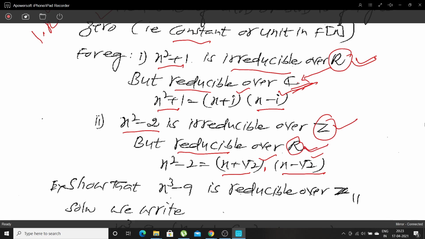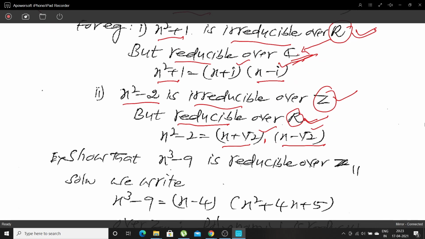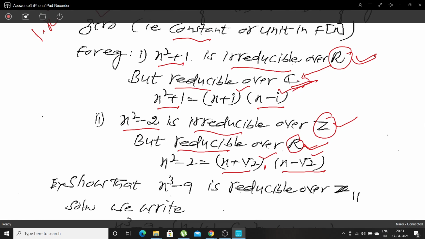A real number may be rational or irrational, but it is irreducible over Z. What these two examples show is that a polynomial may be reducible or irreducible. It all depends on what field. If you select the correct field, then it is reducible. Otherwise, it is not reducible.